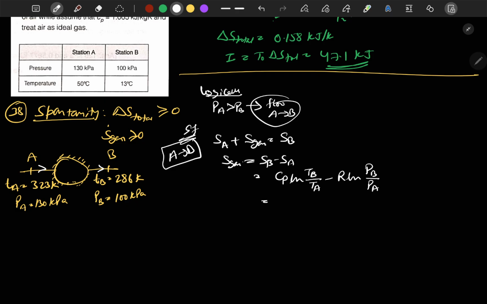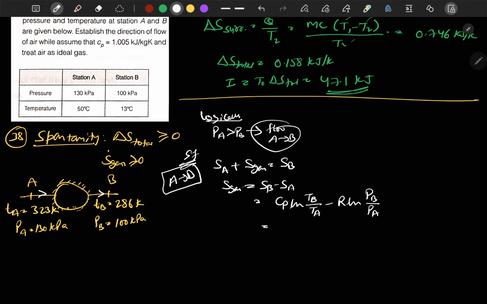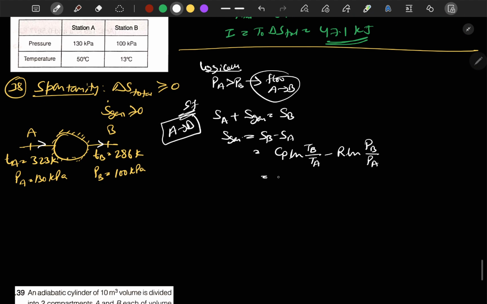Substituting all the values, we obtain minus 0.046 or 0.047 kilojoule per kg per Kelvin.